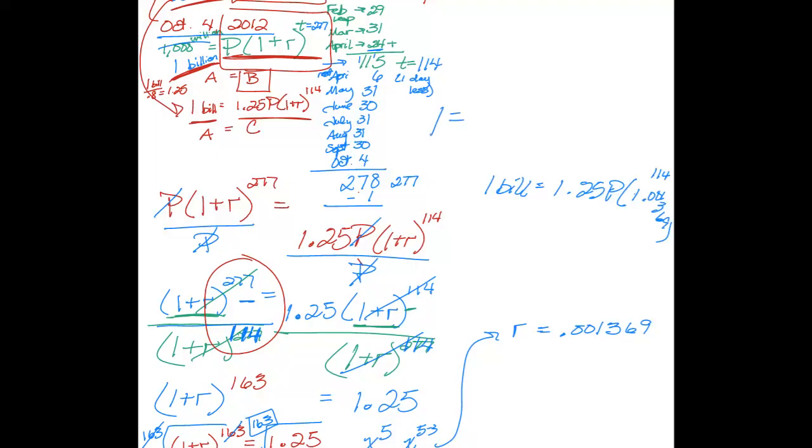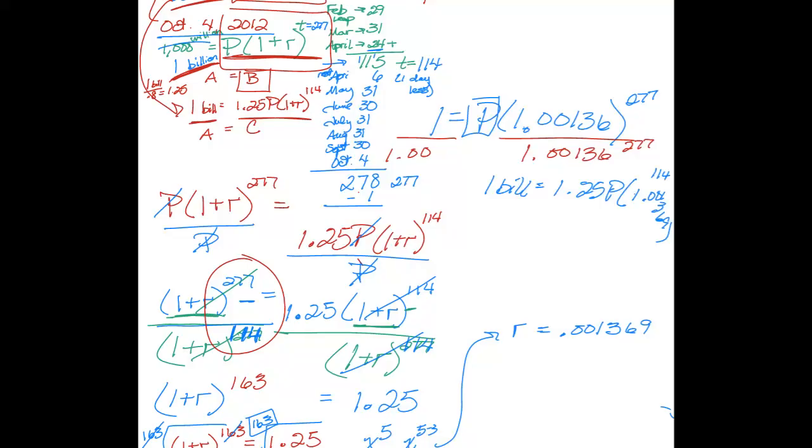1 billion equals P times 1.00136 to the 277th power. So to solve for P, you would divide by all of this, by 1.00136 to the 277th power, and you get P is equal to 0.6863.